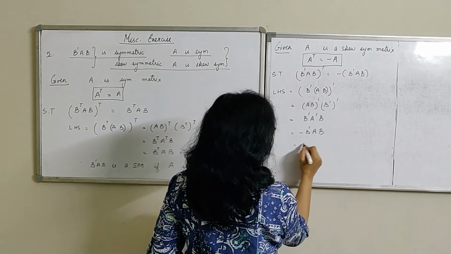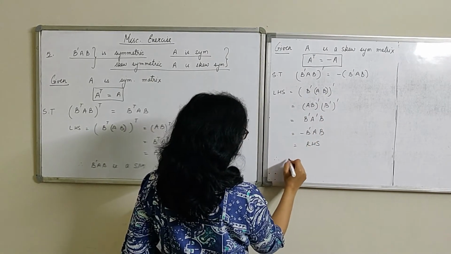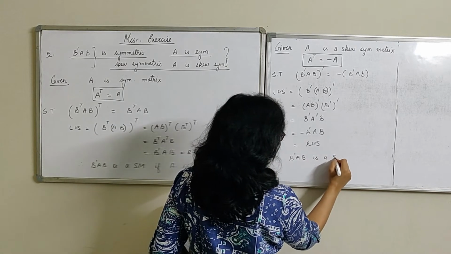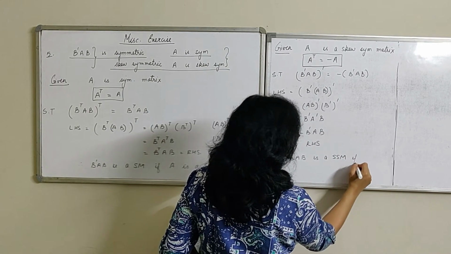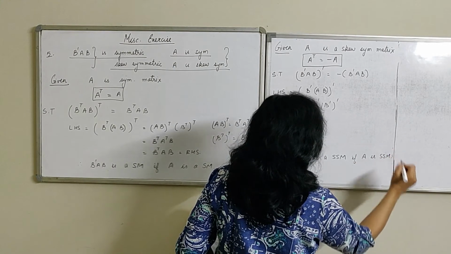This is what is given in the right hand side. So we have proved the result. Therefore we can say that B dash AB is a skew symmetric matrix if A is also a skew symmetric matrix.